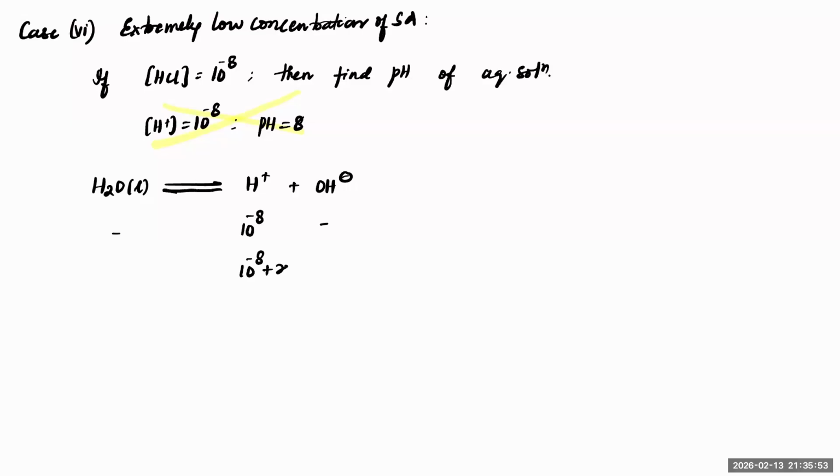So water, which originally has some concentration, but now because of HCl, it has 10 raised to power of minus 8 initially. Now what happens? There will be some amount of ionization from water, which is 10 raised to power of minus 8 plus X and X. If you take it into account, you can write Kw as X into 10 raised to power of minus 8 plus X, which is equal to 10 raised to power of minus 14. If you calculate this X, it will come close to 10 raised to power of minus 7 or something like that. Got it?